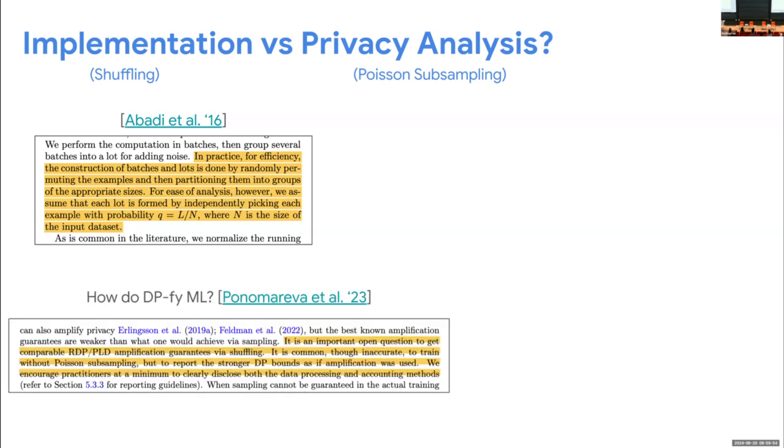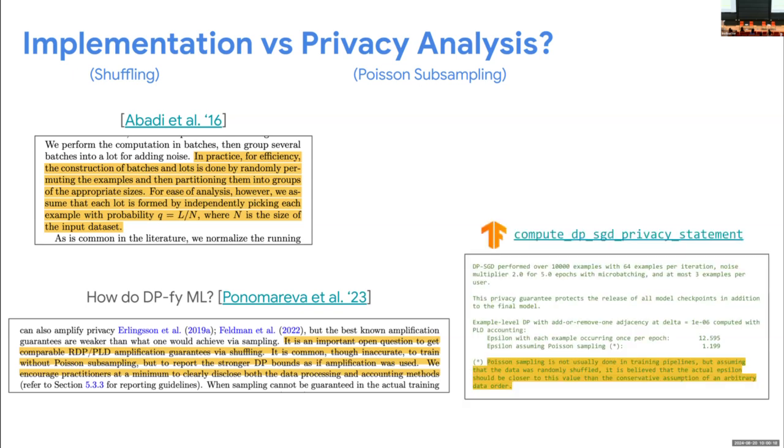And this nice survey by Ponomareva et al. points this out, that there has been this gap, and it would be nice to have analysis for shuffling itself. But in the meantime, since we don't have analysis for shuffling, at least it recommends that everyone be upfront about how we are processing the data and how we are reporting privacy parameters.